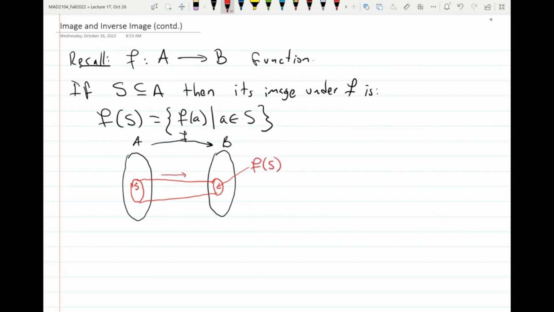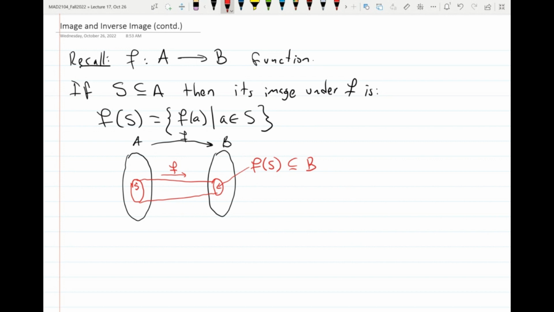We go in this direction using F. So you have a subset of A, and then you're just looking at all the outputs of the elements in S, which of course are inside B. So you send everybody to B, you collect them, you make a set, that's a subset of B, naturally, right? And that's what we call the image of S. Do you understand this? That's the image.